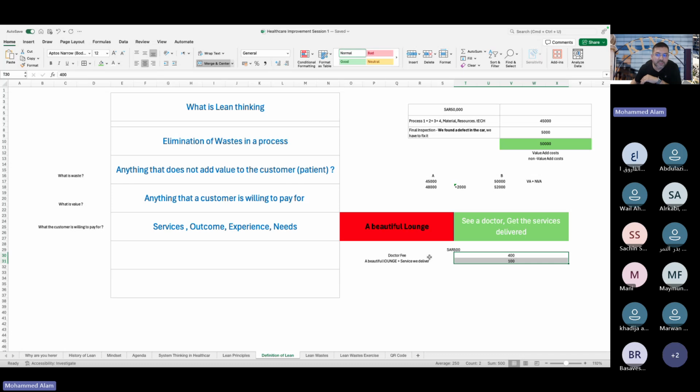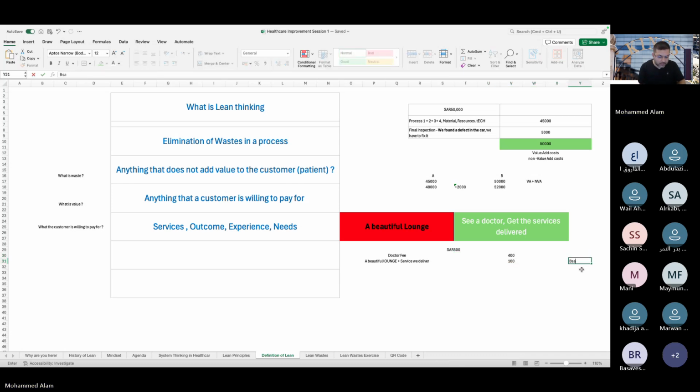You know why? Because as a customer, they think this is what they expect. This is what they think of as basics. This is what defines the value in their mindset. Now, just imagine a hospital with an ugly lounge and a hospital with a beautiful lounge, who has an advantage?